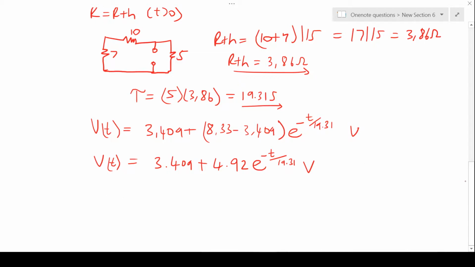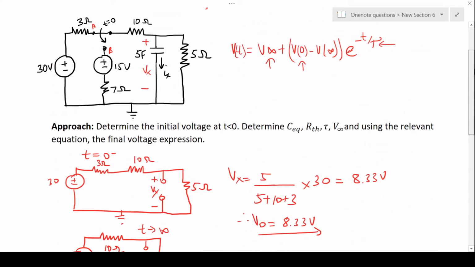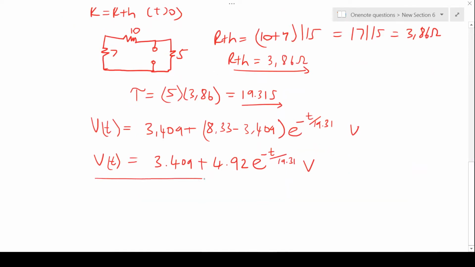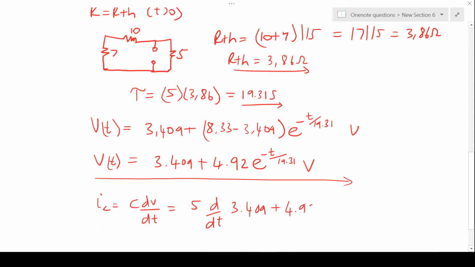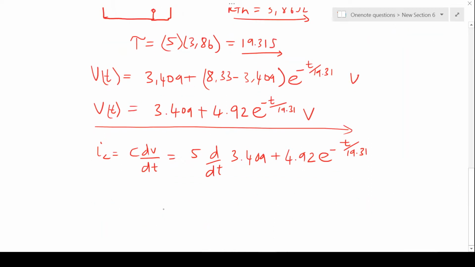Right, and the final part of this question was to determine the current. So we've got the voltage. We know that the current IC must be C dV/dt, which is going to be 5 d/dt of 3.409 plus 4.92 e to the negative t over 19.31, and this is going to give us 5 times, the derivative of a constant is 0.